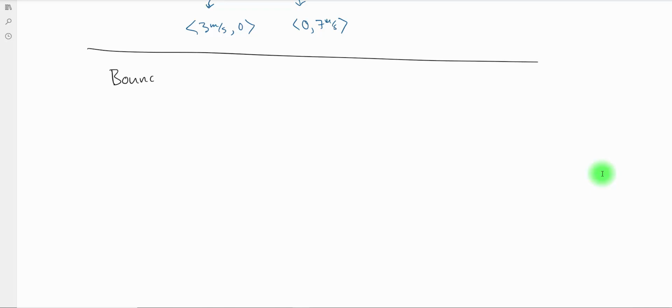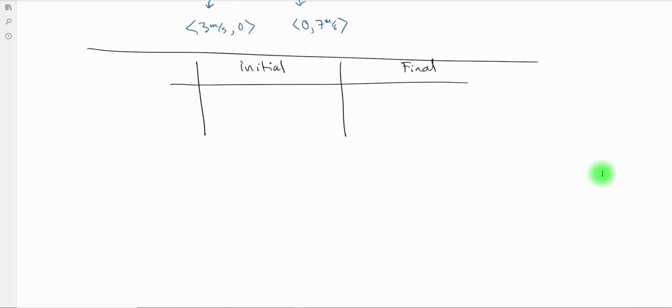But bouncy, if we create a little table here, initial and final. Bouncy is when things initially are separate from each other, and then after the interaction, they're still separate.